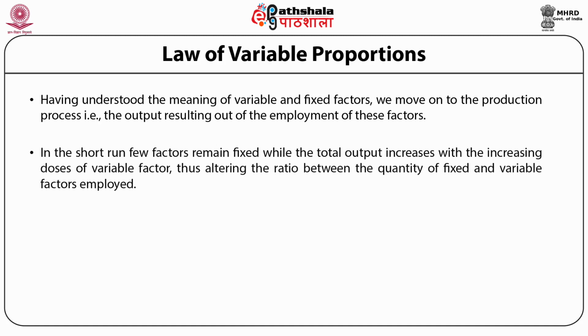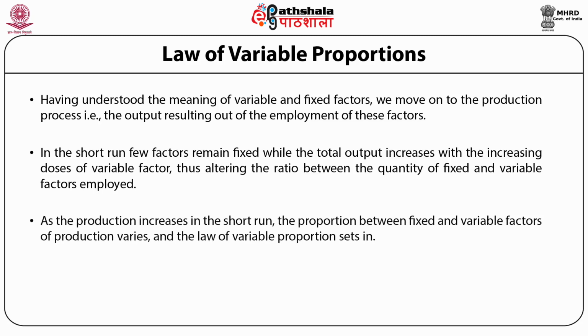In the short run, few factors remain fixed while the total output increases with the increasing doses of variable factor, thus altering the ratio between the quantity of fixed and variable factors employed. As the production increases in the short run, the proportion between fixed and variable factors of production varies, and the law of variable proportion sets in.